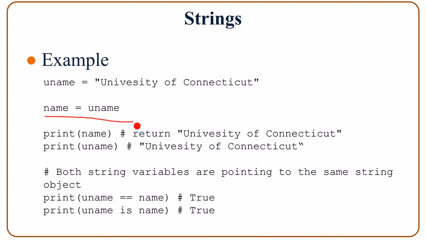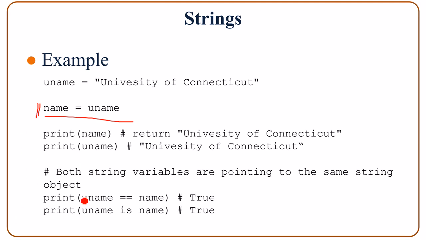Remember that when you create a string in the memory and assign a variable to it, the variable would have the memory address of the string. So when we assign name to uname, name now also has the memory address of the string University of Connecticut.